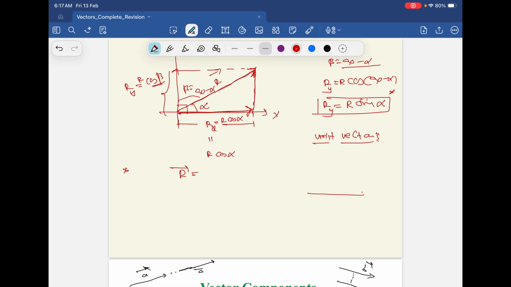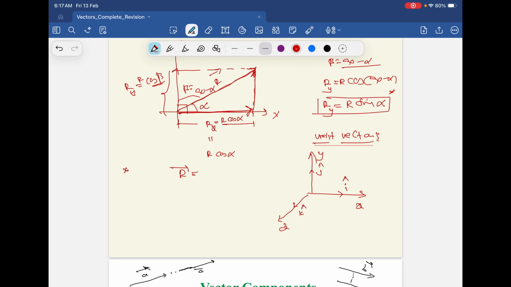Especially we are defining three vectors in space, along x, y, z. Unit vectors are utilized for finding direction, the most important point. Let's say the unit vector in the x direction is i cap, which is standard notation. The unit vector in the y direction is j cap. The unit vector in the z direction is k cap.